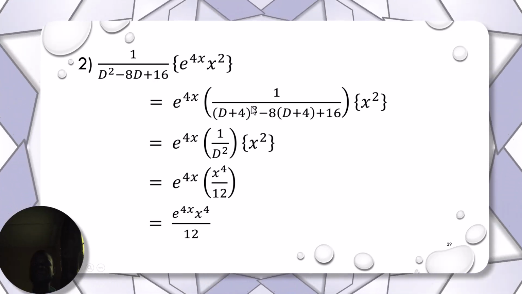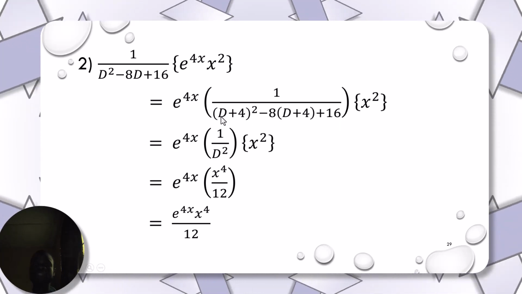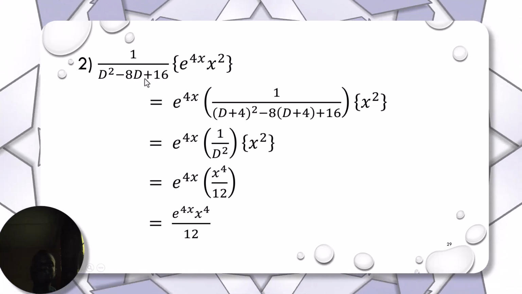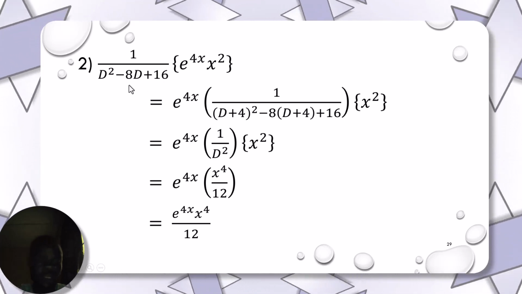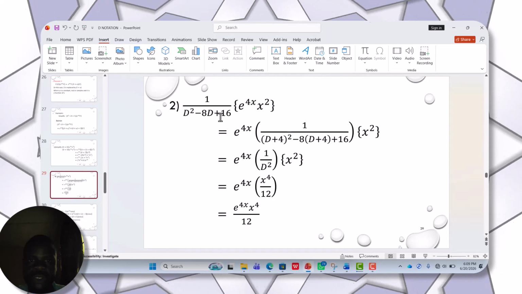So I have 16 minus 16, which will then disappear. Then I will have this square. Sorry, please correct this to minus 16. Let me quickly correct it before we continue.